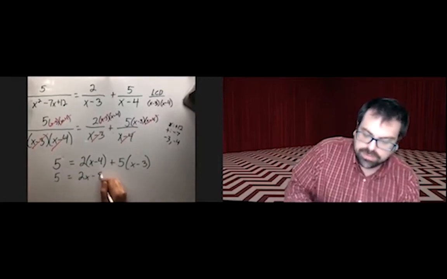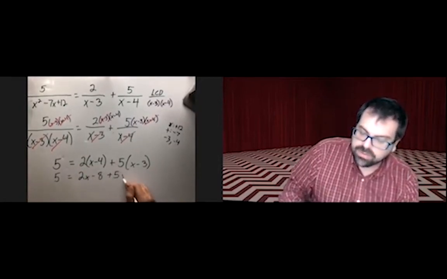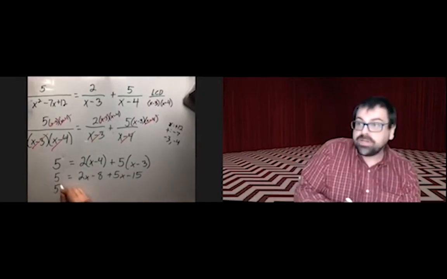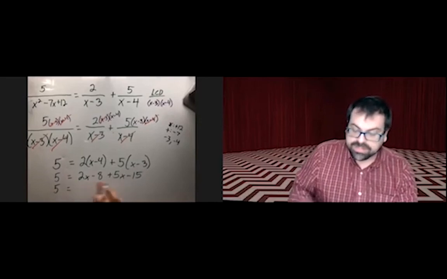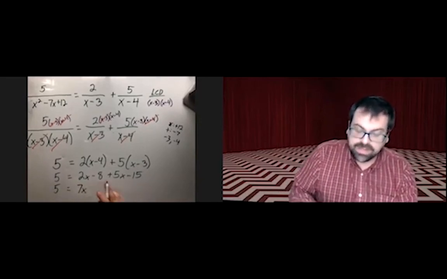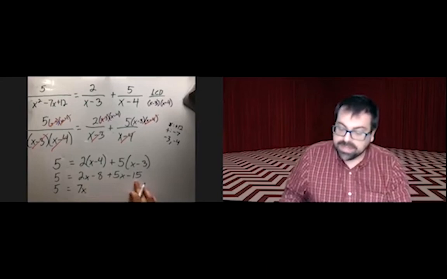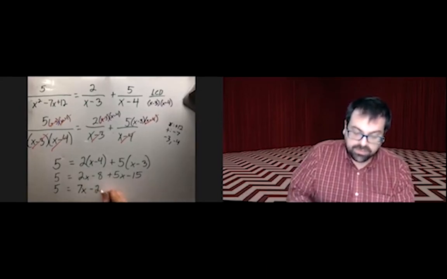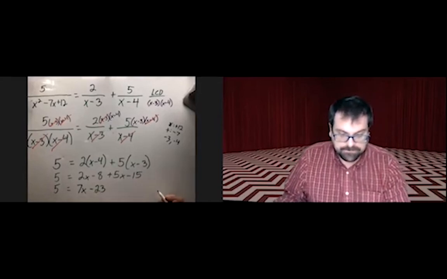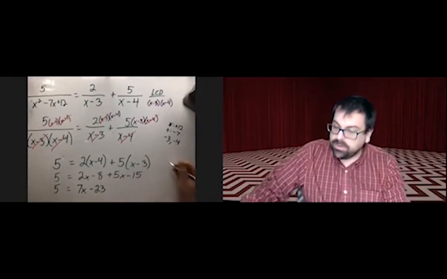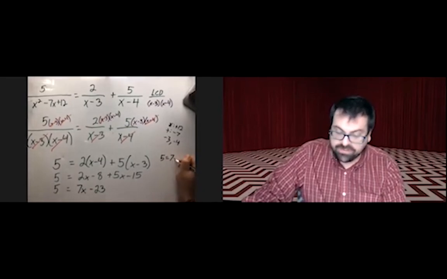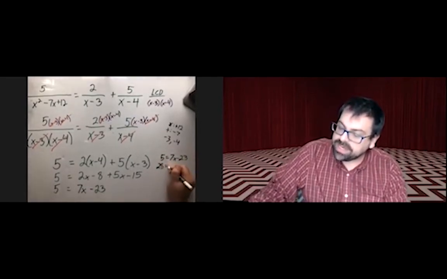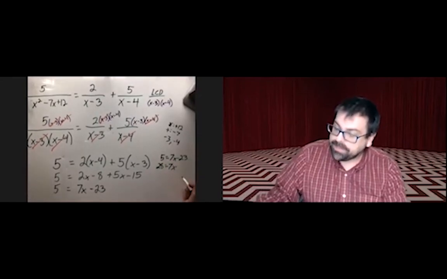Distribute, distribute. Combine like terms. 2x plus 5x is 7x. Negative 8 minus 15 is minus 23. From 5 equals 7x minus 23, we add 23 to both sides. 28 equals 7x.